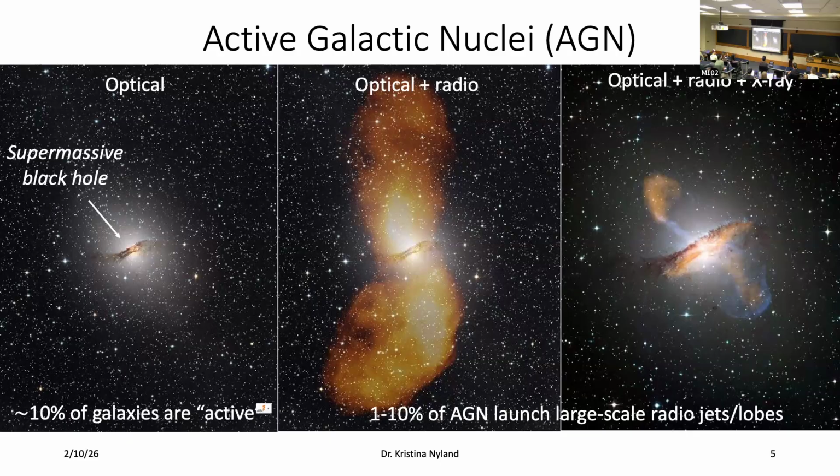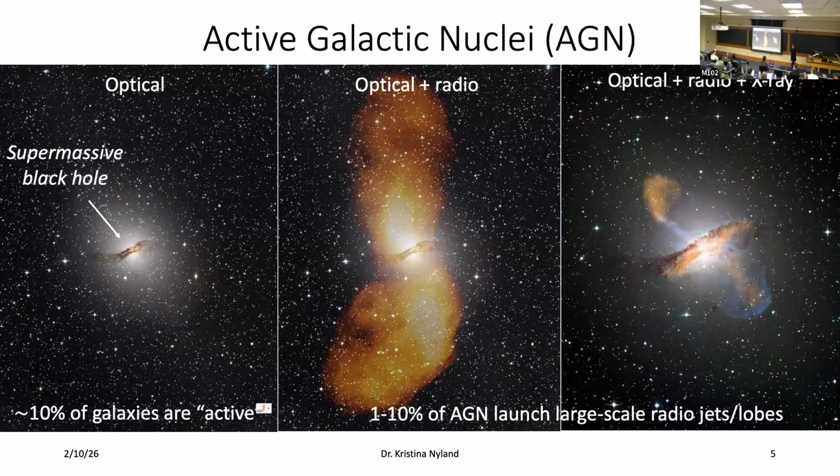It's not particularly efficient in its accretion. It's a pretty low mass accretion rate. But about 10% of galaxies can be classified as AGN at some level. Now, a much smaller subset of these AGN are special in that they have bright radio emission.